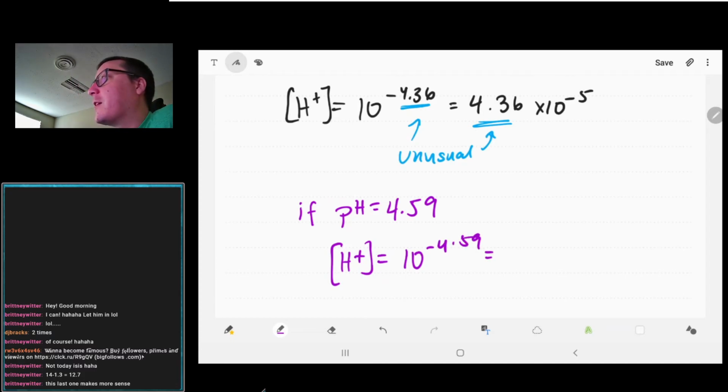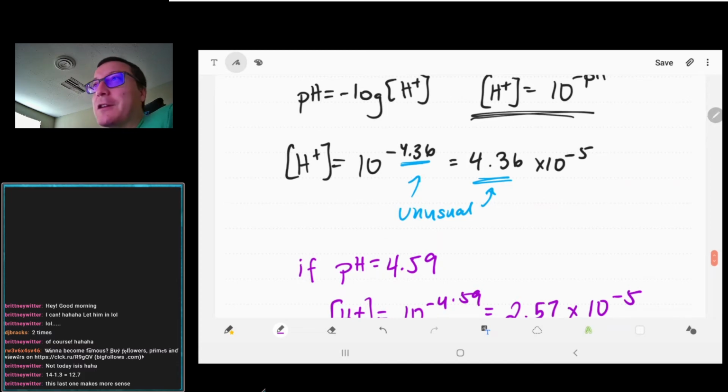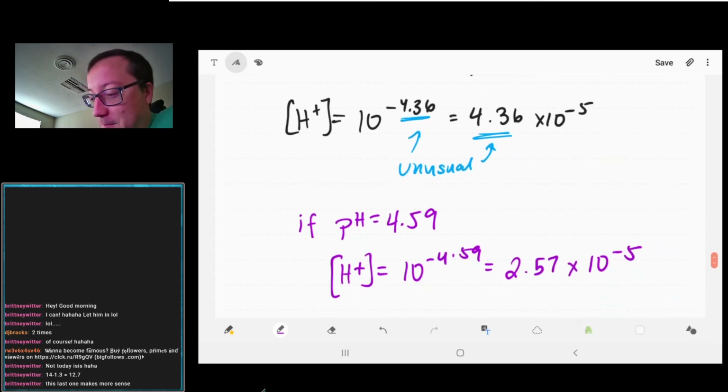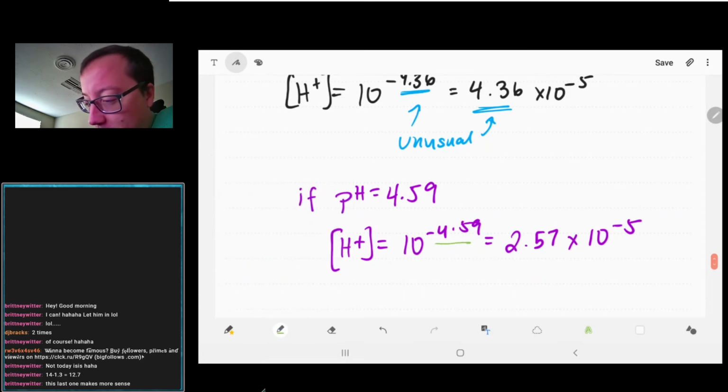Sorry, that's why I thought the thing wasn't working. I was like, that's not right. So there you go. Indeed, we get 2.57 times ten to the negative fifth. So it's not the case that your exponent is the same as your base number. That just so happens to be for this one, which was bizarre. But as we can see here, they're usually not the same, right?